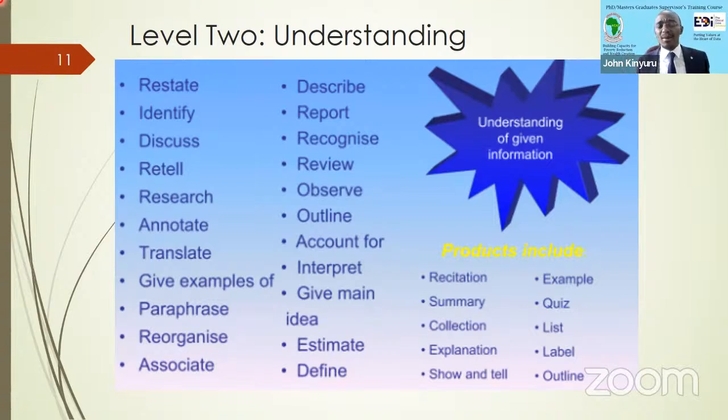Yeah. So in an exam, you are supposed to set different types of questions. You'll start with the basic level of remembering or knowledge, and then understanding. Now, when you want them to start observing, interpreting, estimating, okay, recognizing, reorganizing, associating, defining, okay?